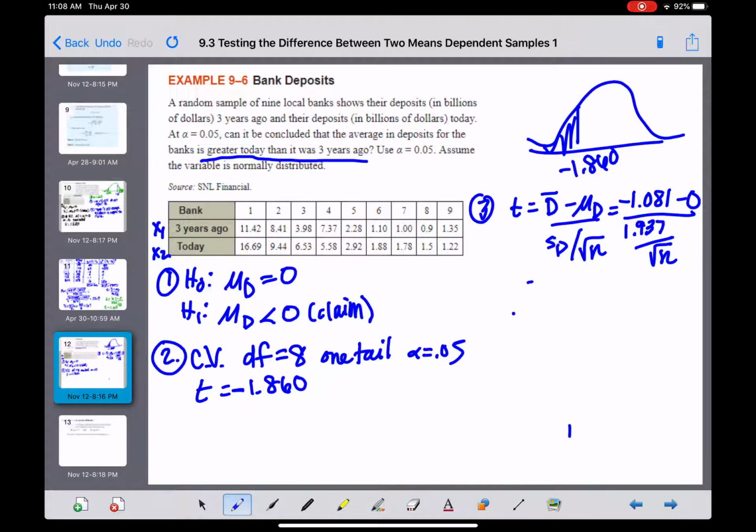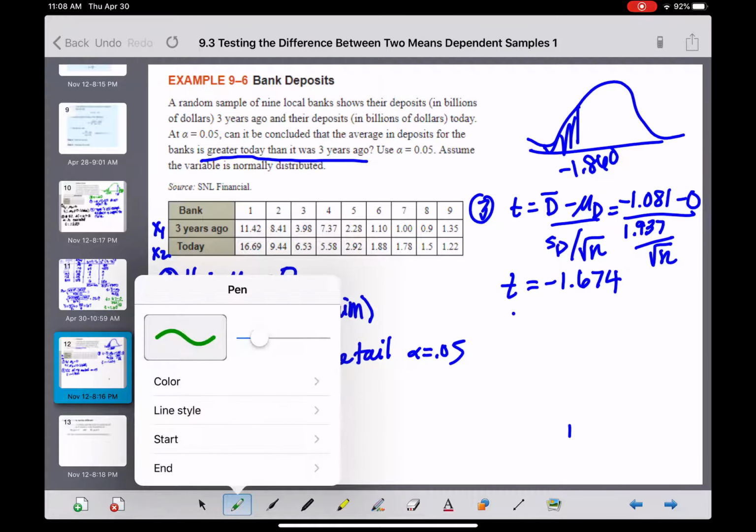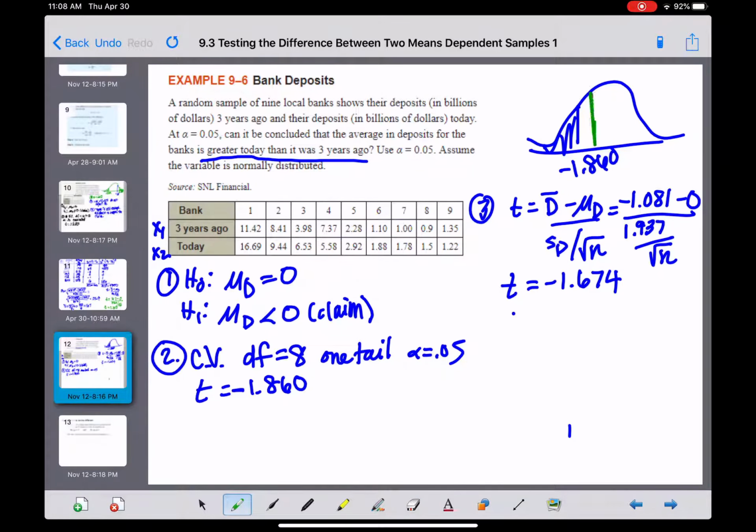Okay, so then that gives me a t-value of negative 1.674. So negative 1.674, when I look up here, would lie on the right. So we're not going to be able to reject. So step 4, it's outside of the rejection region.